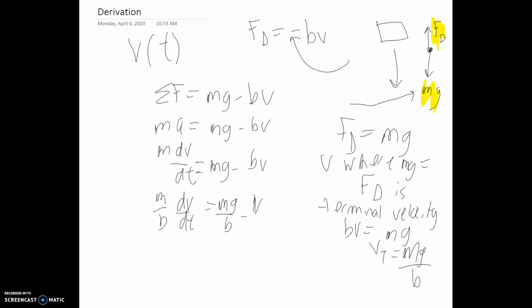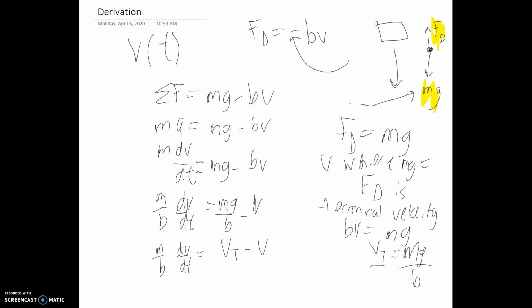And I'm going to replace mg over b with this constant here, vt. So I'm going to say that's m over b dv dt equals vt minus v.